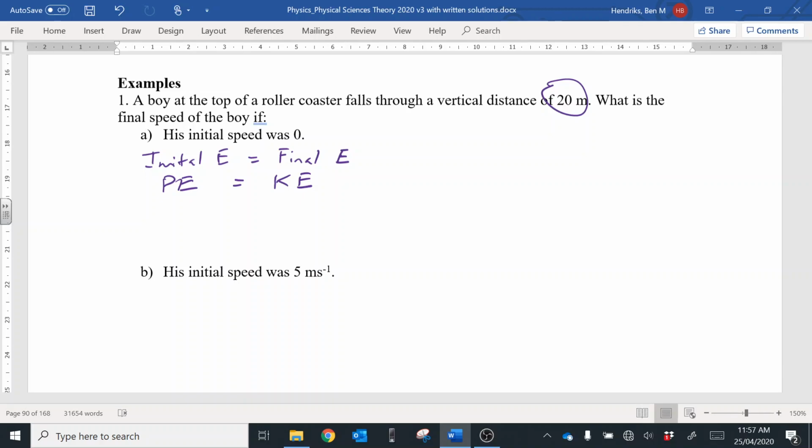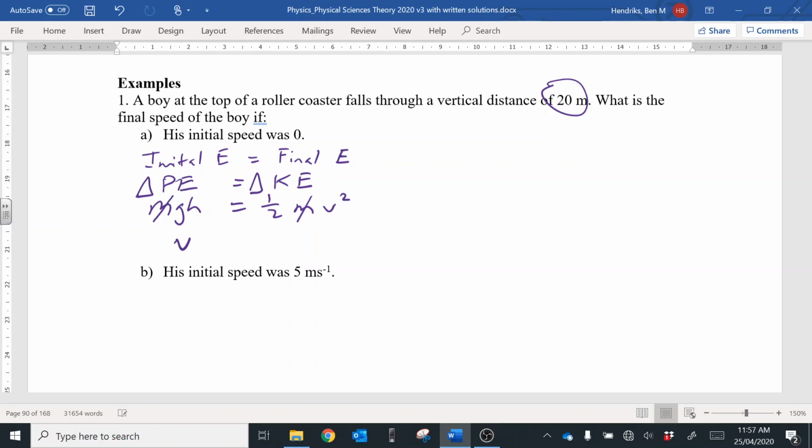So he has mass times gravity times height equal to half times mass times v squared. They didn't give us mass, so normally they give us a mass and a height if they want us to calculate potential energy, but because they're looking for final speed, and the change in potential energy is equal to the change in kinetic energy, those m's just cancel out from both sides.